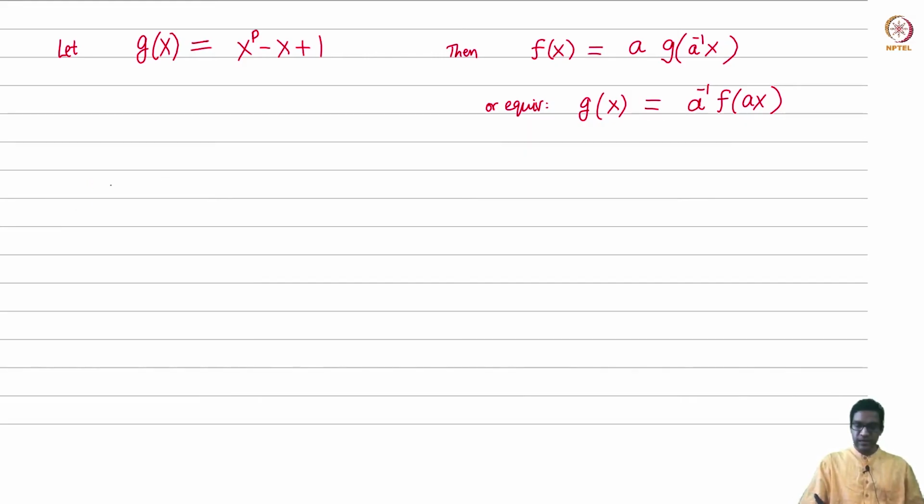So observe that if f of x is irreducible, then so is g of x. So observe f of x is an irreducible polynomial, and this is also a polynomial with coefficients in F_p[x]. So f of x is irreducible if and only if g of x is irreducible.